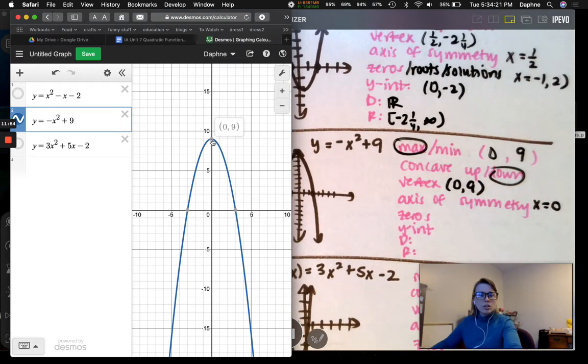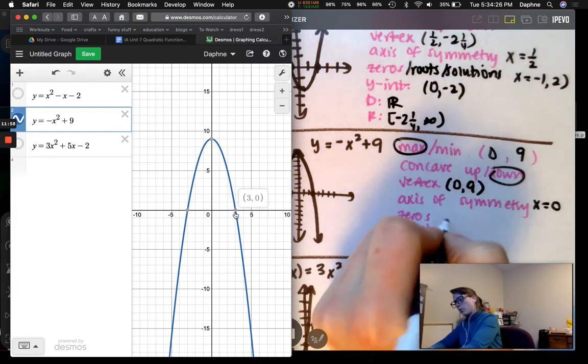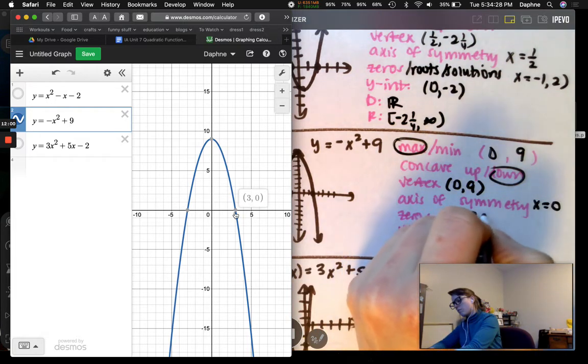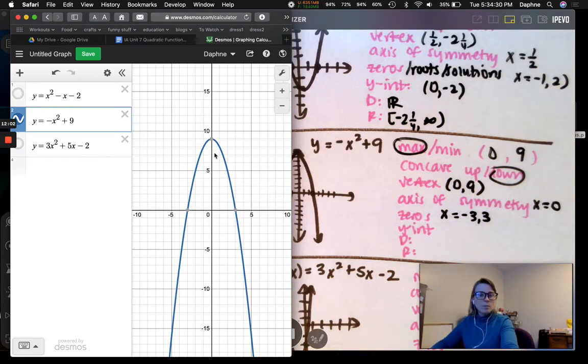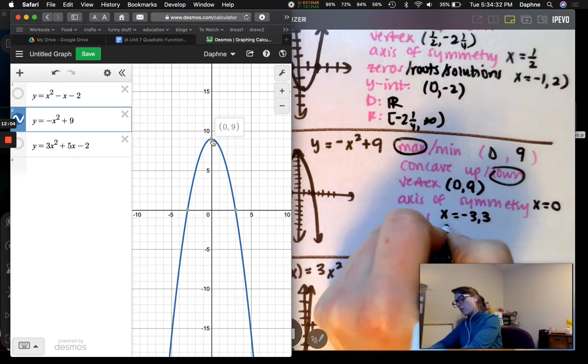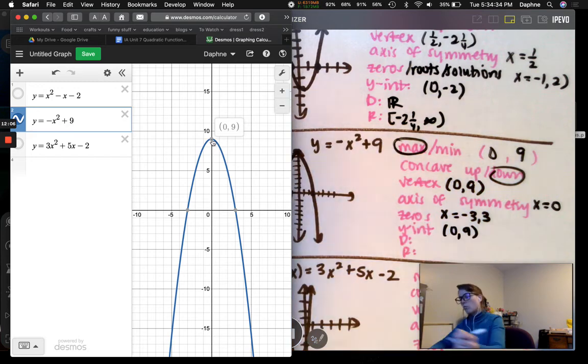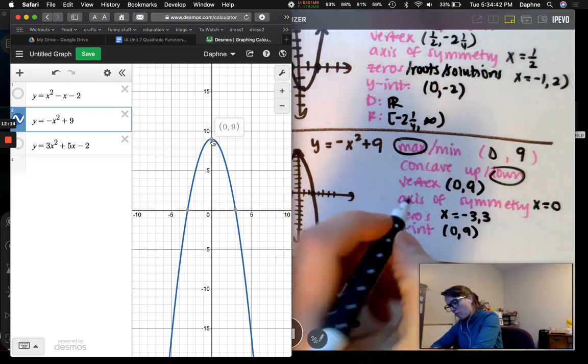The zeros are where it crosses the x-axis. These are also called x-intercepts, so -3 and 3. The y-intercept is actually the same thing as our vertex this time, which is cool. Domain, like I said before, will be all reals because I can go from -infinity to +infinity. The graph will still be a graph.